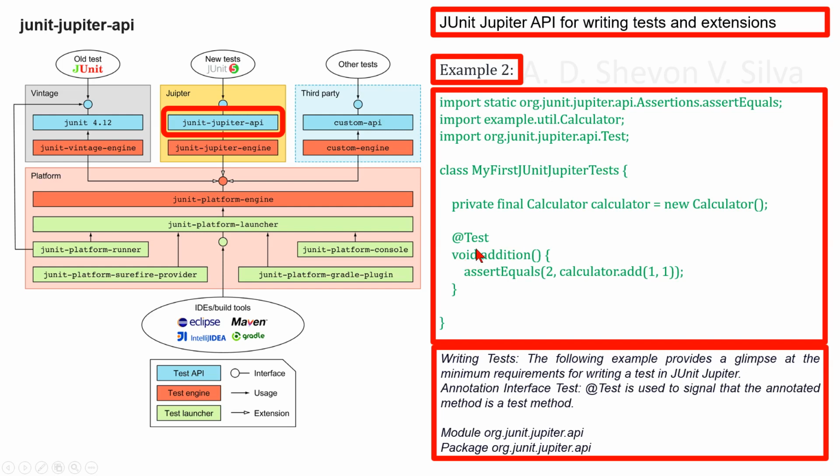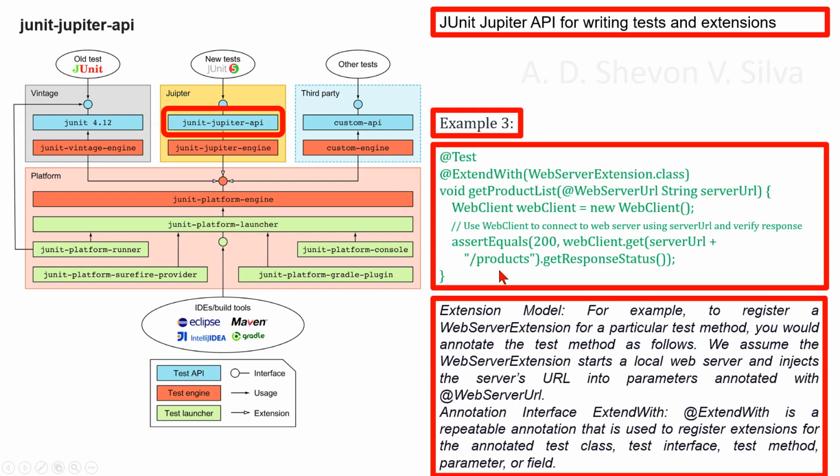Annotated test methods may optionally declare parameters to be resolved by parameter resolvers, and at test may be used as a meta annotation in order to create a custom composed annotation that inherits the semantics of at test. This is in the module org.junit.jupiter.api and package org.junit.jupiter.api.